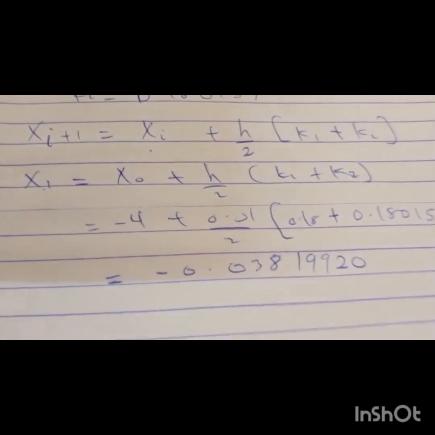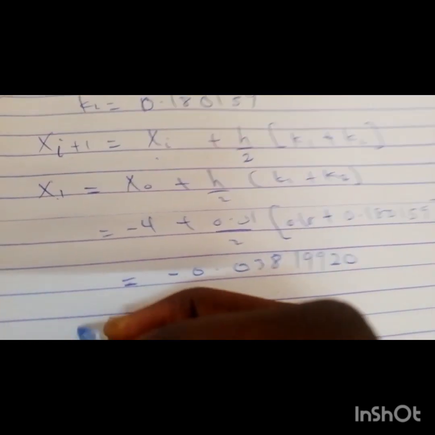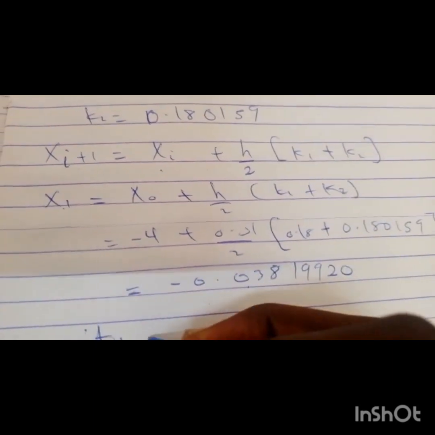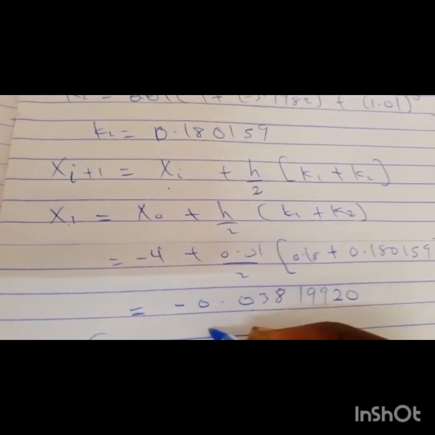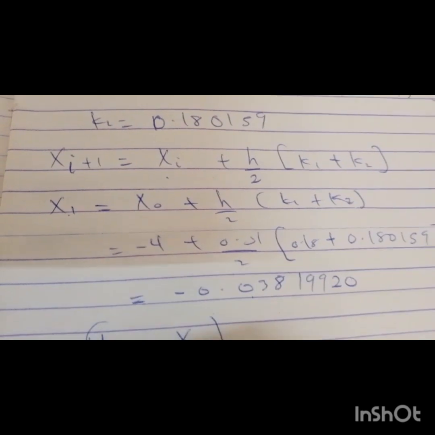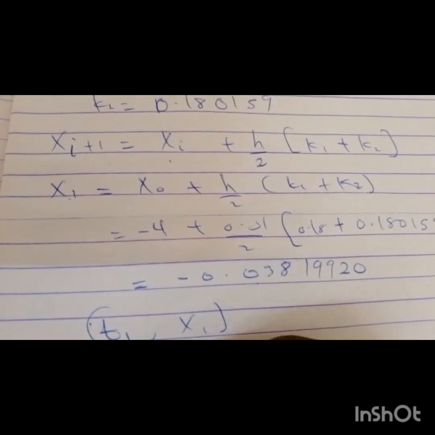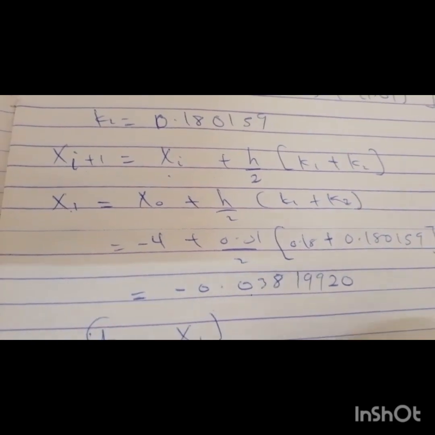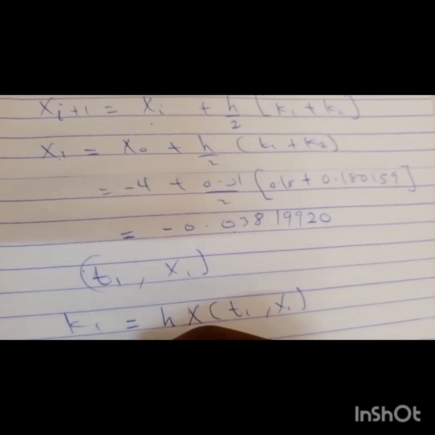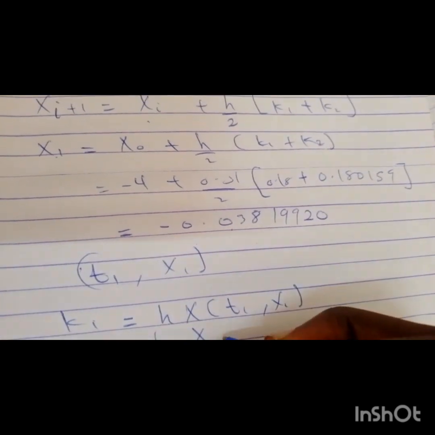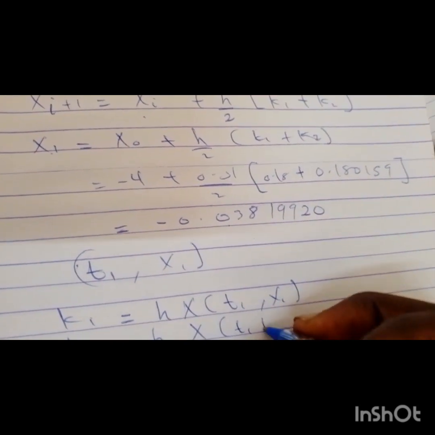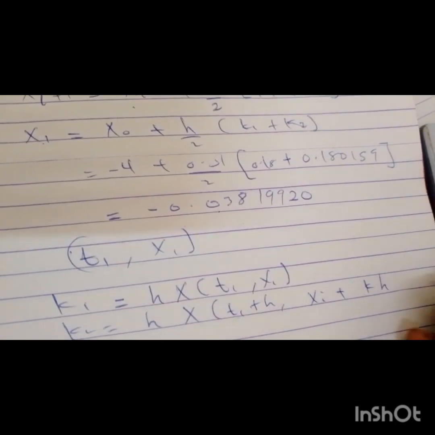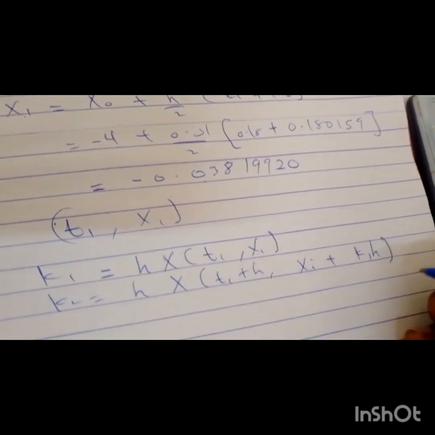Now the next step is that you use this one. You now need your original t1 and then x1 to find the next one. So you have your k1 equal to h times x of t1, x1. And k2 is h times x of t1 plus h, comma, x1 plus k1h.